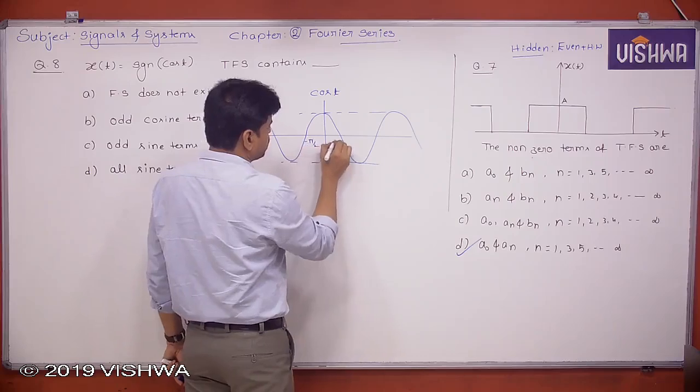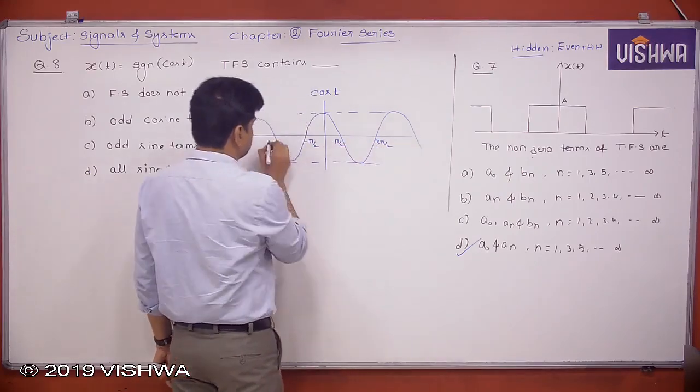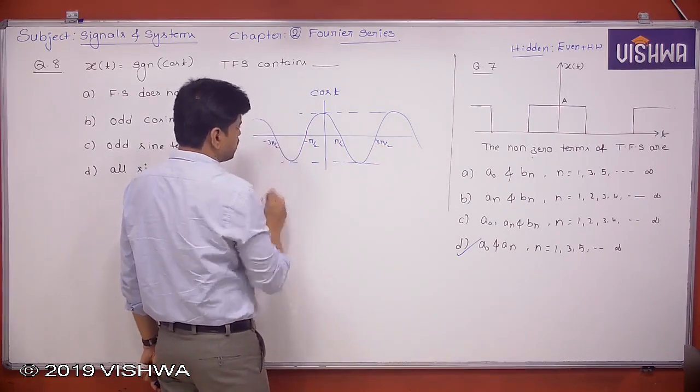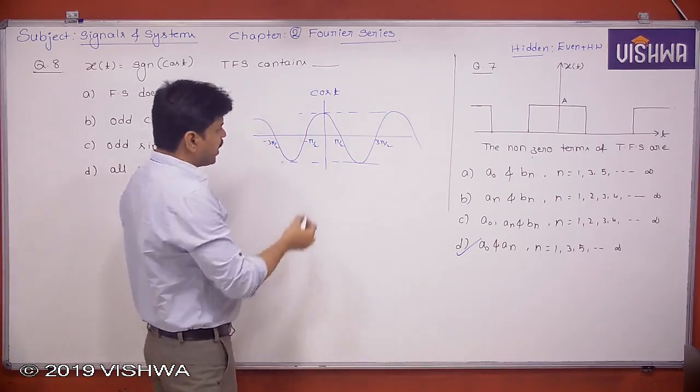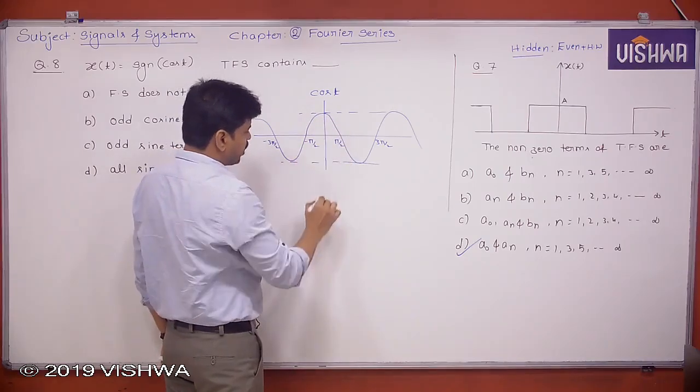Minus pi by 2, pi by 2, 3 pi by 2, minus 3 pi by 2, like that. From minus pi by 2 to pi by 2, cos t value is positive, so the signum function value is 1.